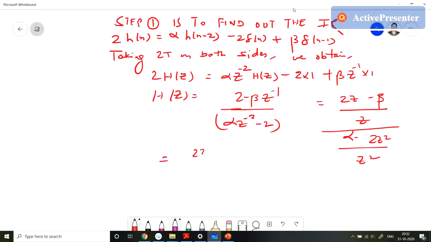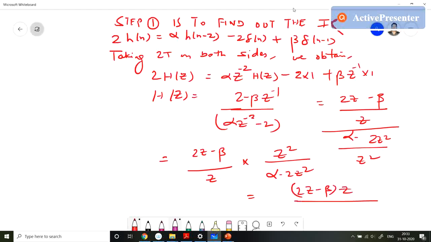So we get (2z minus beta) multiplied by z divided by (alpha minus 2z square). So this is H(z).